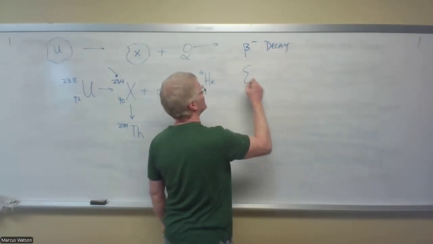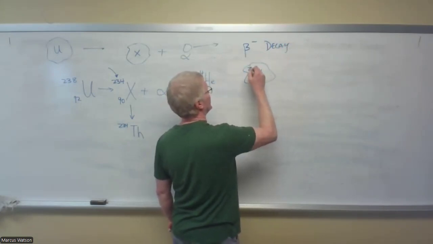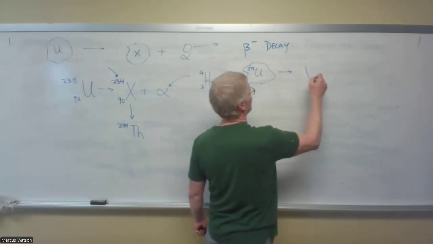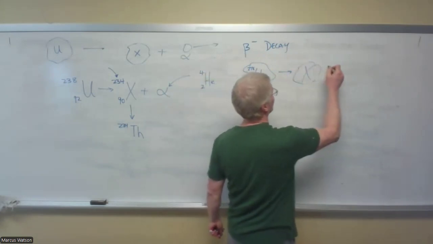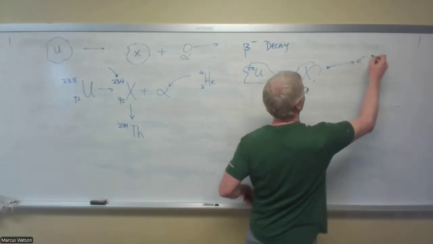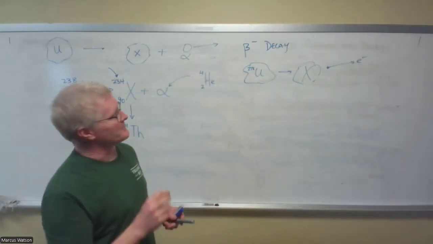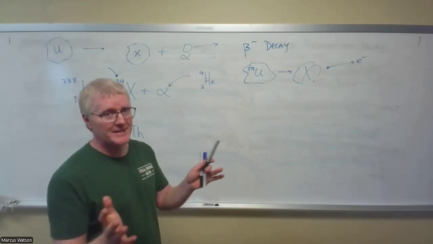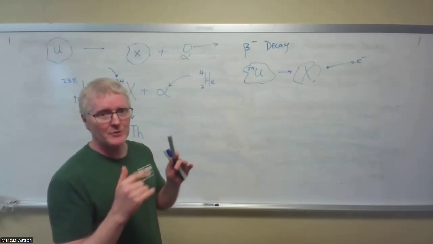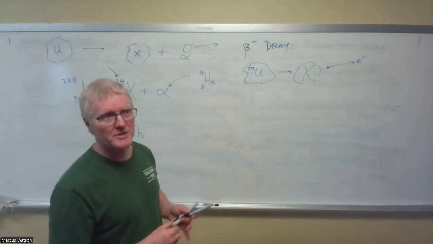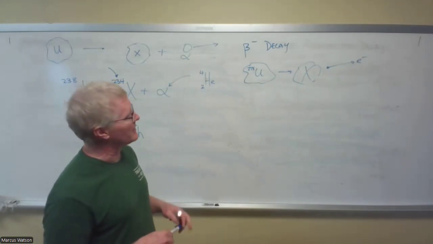This is the situation where my uranium-238 goes into some X thing here and ejects an electron. How does an electron come out? Remember, it was spontaneously created on the spot, outside the nucleus, and is now flying away. It was not part of the nucleus to begin with.